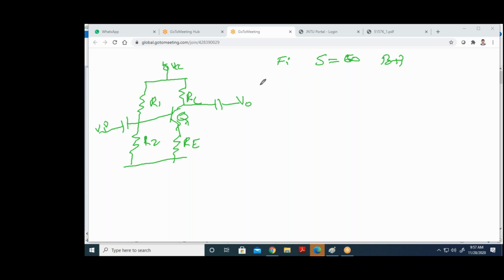Again collector to base feedback, stability is beta plus 1 into change of IB, RC by RC plus RB.